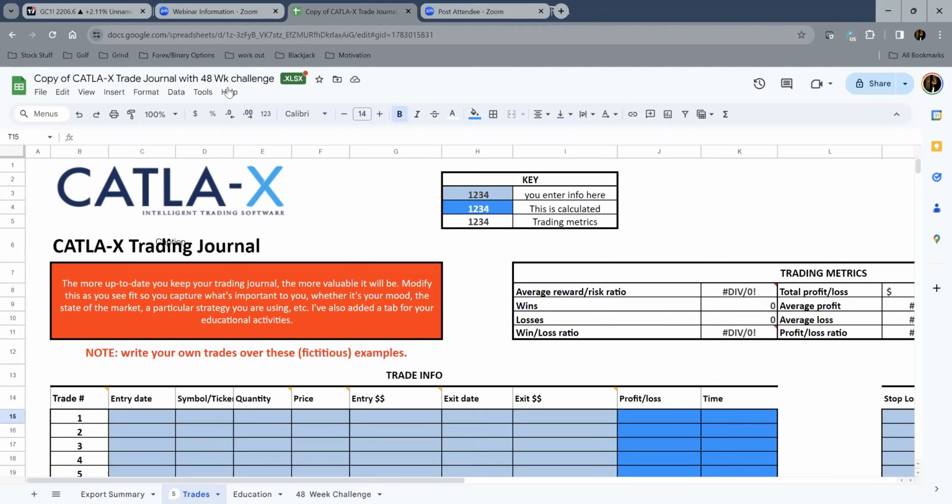And I want to see manipulation in the direction that I want to trade from that point. Write that down. I want to see the market trading at a point of interest that I've already predefined, and I want to see manipulation in the direction I want to trade from that point.